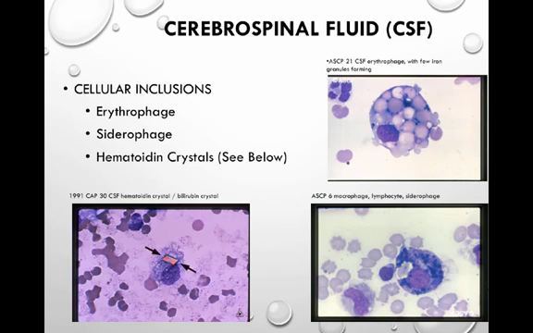When the digestion process has continued further, all that remains is the indigestible bilirubin crystal, also called hematoidin crystal. And again, we see that here in this image on the lower left. This indigestible bilirubin crystal can be seen here as the cell ages.